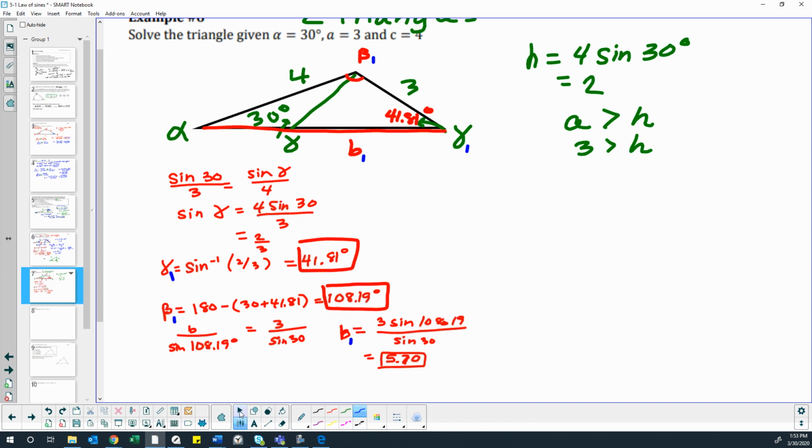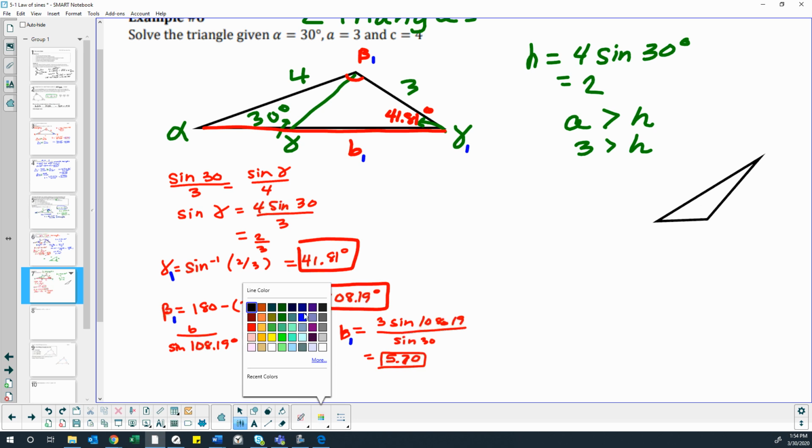Okay, let's see. I take more time drawing my pictures than I need to, but I'm hoping it'll help us see what's happening. So I'm attempting to draw this triangle right here. You can see that it's not exactly the same, but you see what I'm talking about? I'm gonna go ahead and label this one.